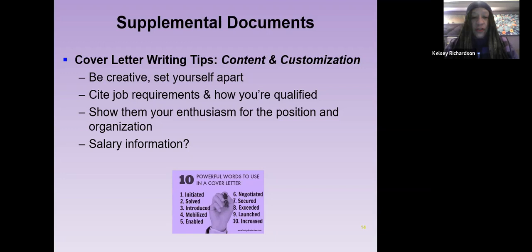You can mention that you really resonate with their mission of providing assistance to students with disabilities, or whatever their mission is. You can definitely mention that that's something that you would really want to be a part of.